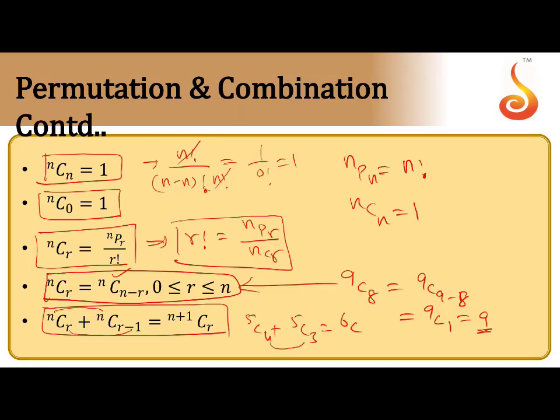Among these two, which is greatest? 4. This is the answer. 5C4 plus 5C3 equals (5 plus 1)C4, where r is the bigger one among the two. So that's it to apply the formula. I hope you understand. When you're solving questions, anywhere you get this type of problem, keep in mind that you have to apply this formula to get the answer. Understand?